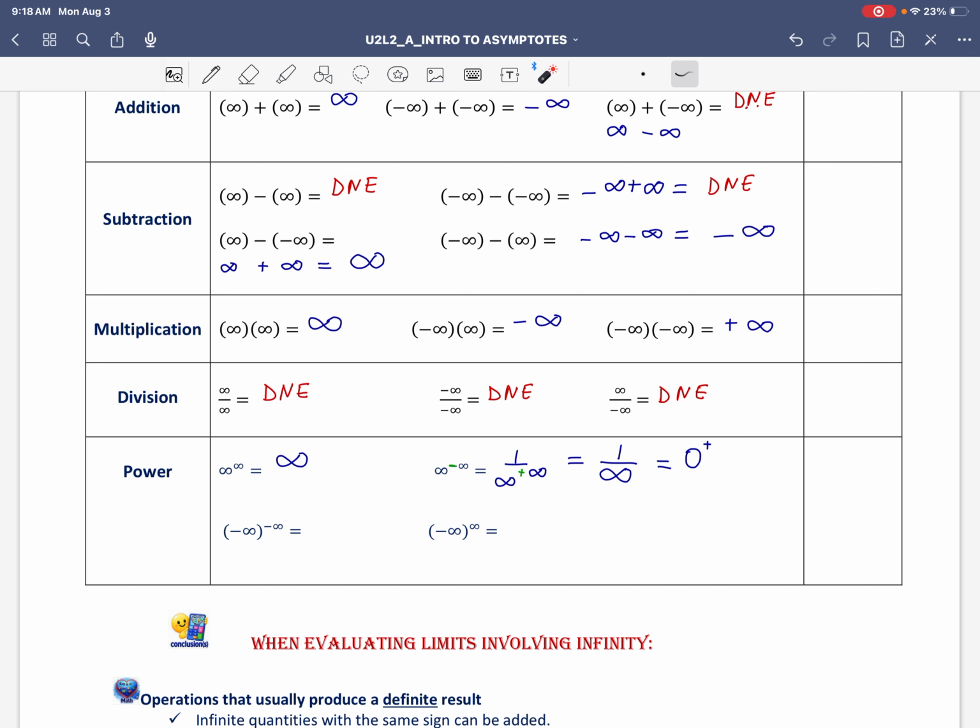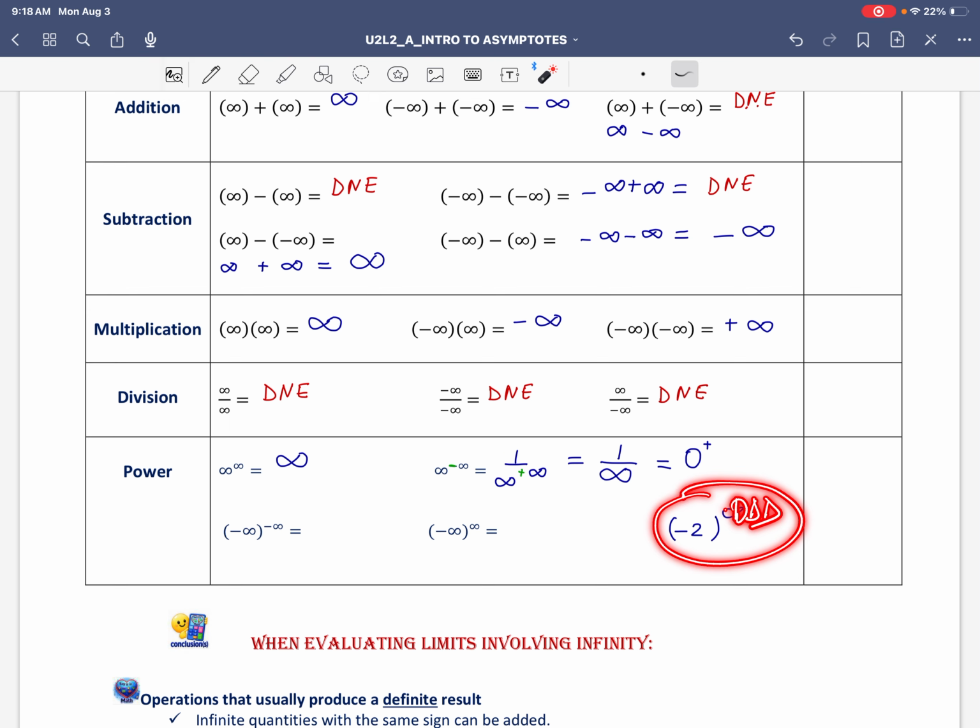Now, in a similar way, since we're at it, we're going to discuss negative infinity to the power of positive infinity. I want you to imagine, let's say, even negative 2, which is a definite number. If you bring it to the power of infinity, you wouldn't really know what the value will be, because when the base is negative, depending on whether the power is an odd or an even number, the answer will be either positive or negative.